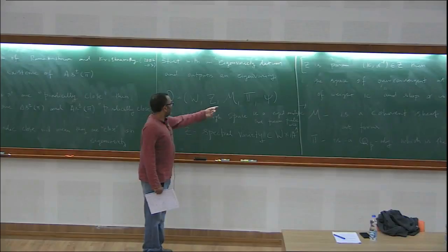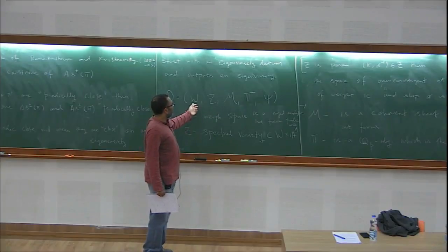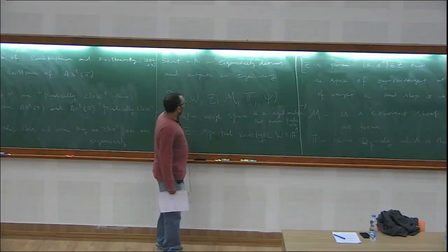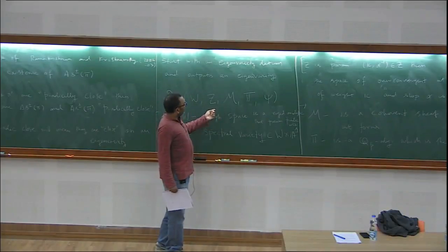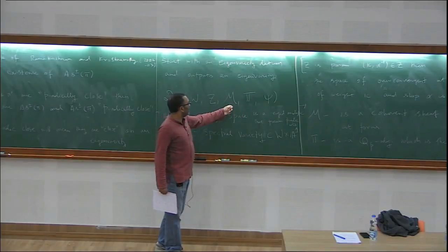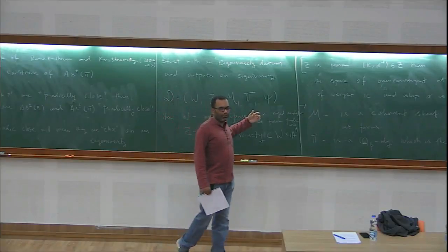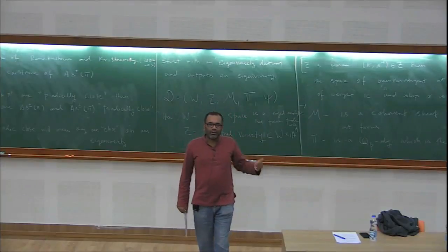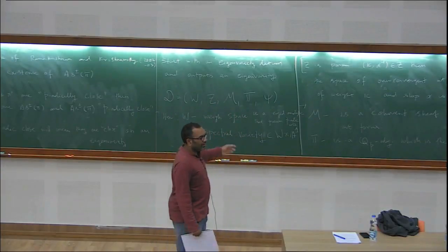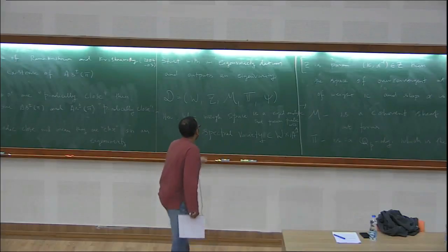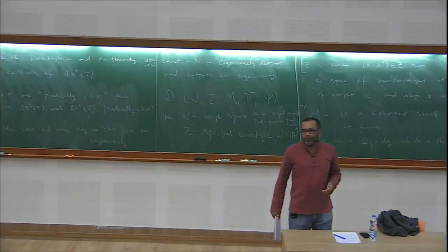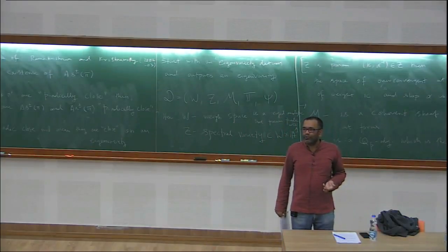Most of these things are fairly obvious. The weight space is obvious. The Hecke algebra is also more or less obvious. Then Z depends on your space of overconvergent automorphic forms, and M also depends on it. The most difficult step in this process is constructing the sheaf M, that is, constructing an appropriate space of overconvergent automorphic forms.